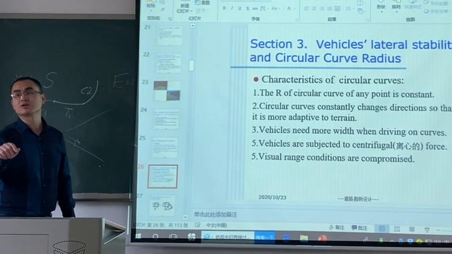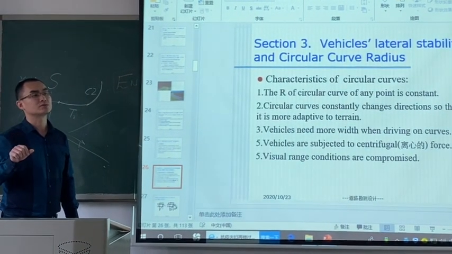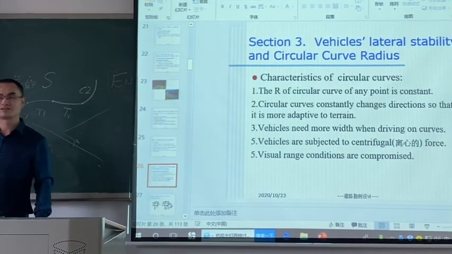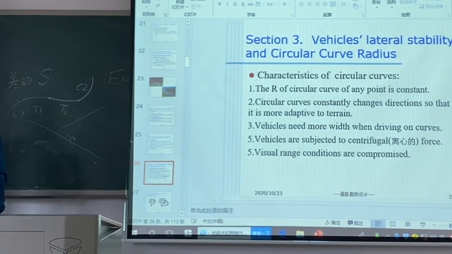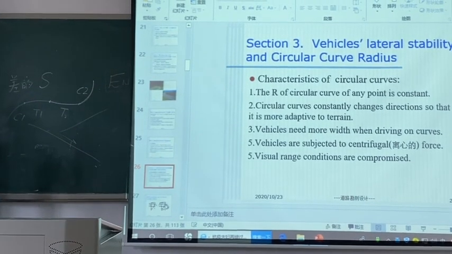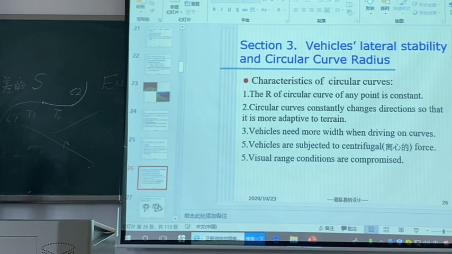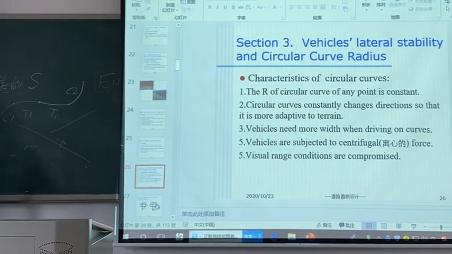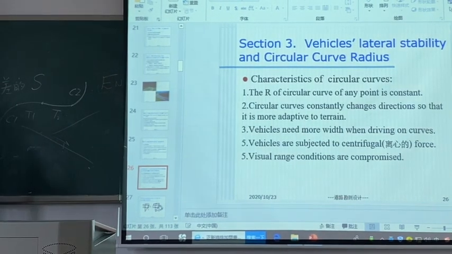What's visual range? The range in which you can see something, how far of the road.